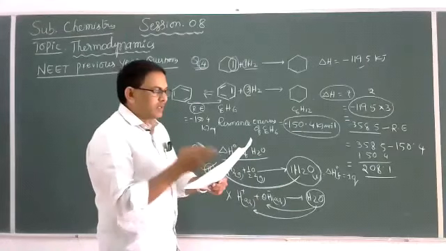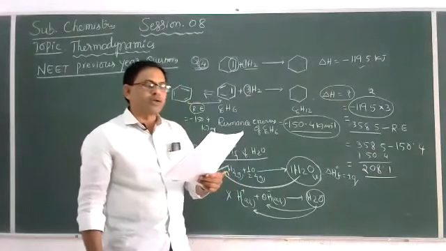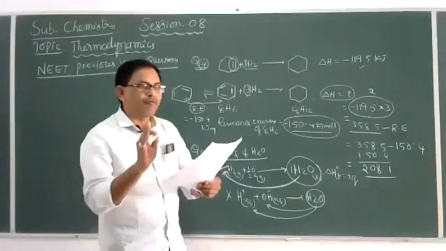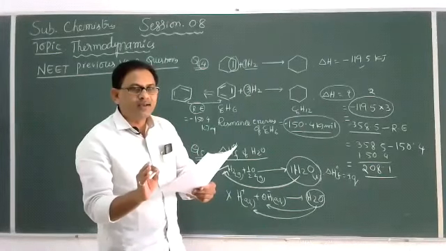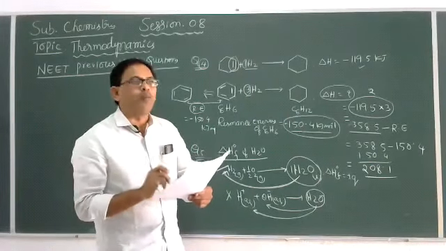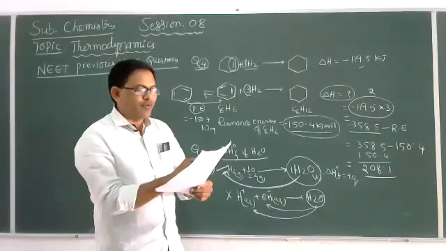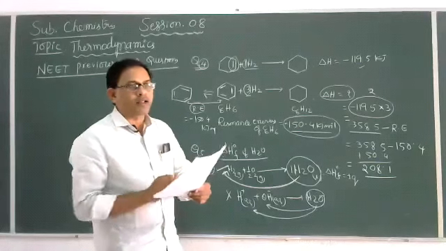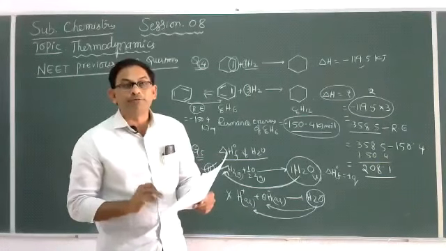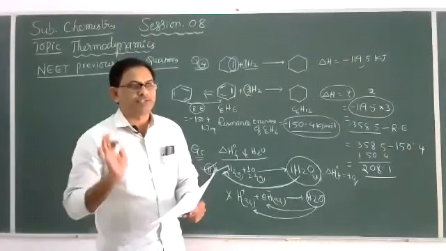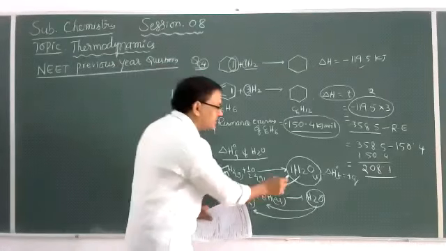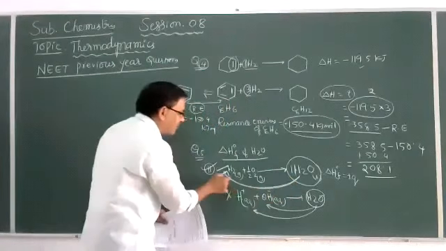Also in the third and fourth examples, water is formed, but that water is not from its constituent elements. They are from compounds. That's why the given equations 1, 3, 4 are examples of enthalpy of reaction, not formation. Formation is always from its constituent elements.